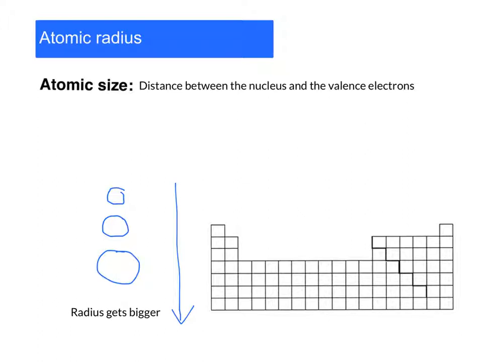And as our effective nuclear charge goes up, the electrons are going to be pulled in tighter toward the nucleus because that charge is bigger. So as we go across the periodic table, the Z effective goes up, which is going to pull the electrons in a little bit tighter.